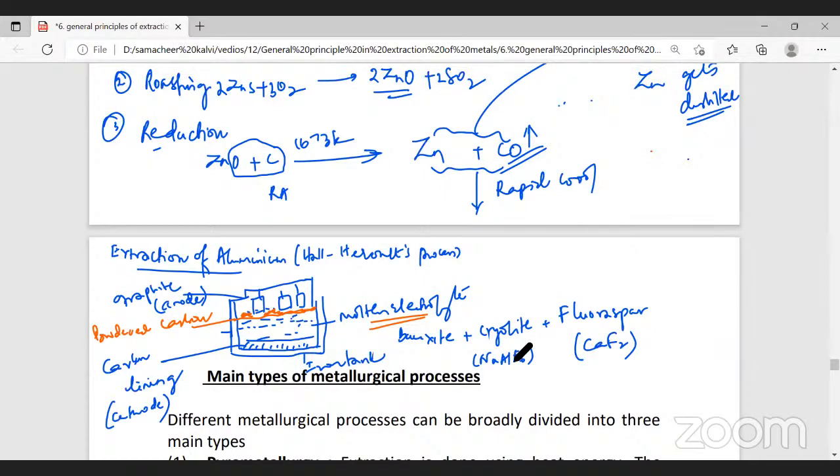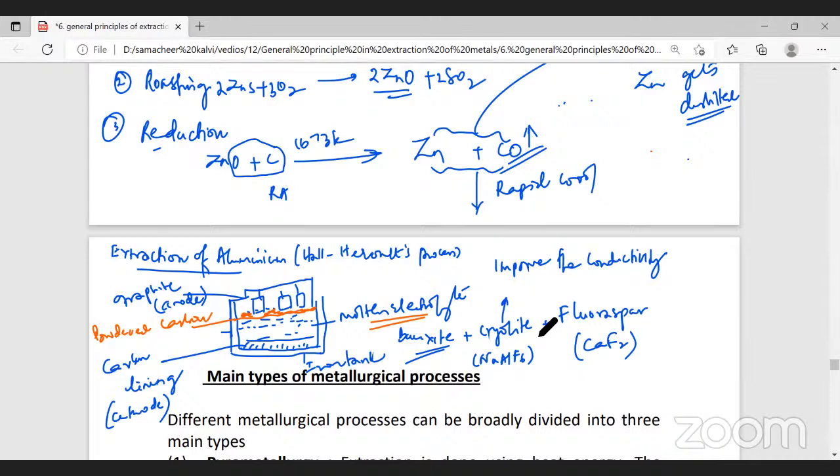Now, pure alumina is a non-conductor. So to improve the conductivity of pure alumina or bauxite, we use cryolite.